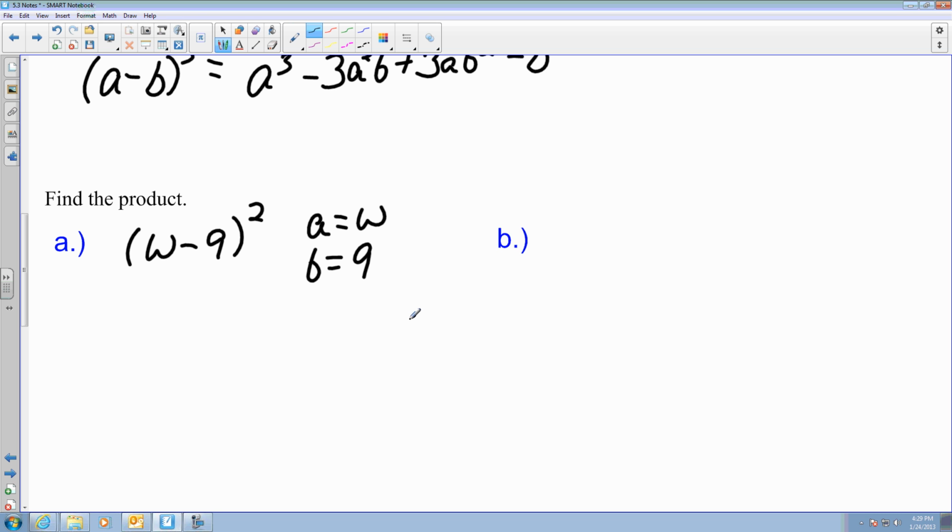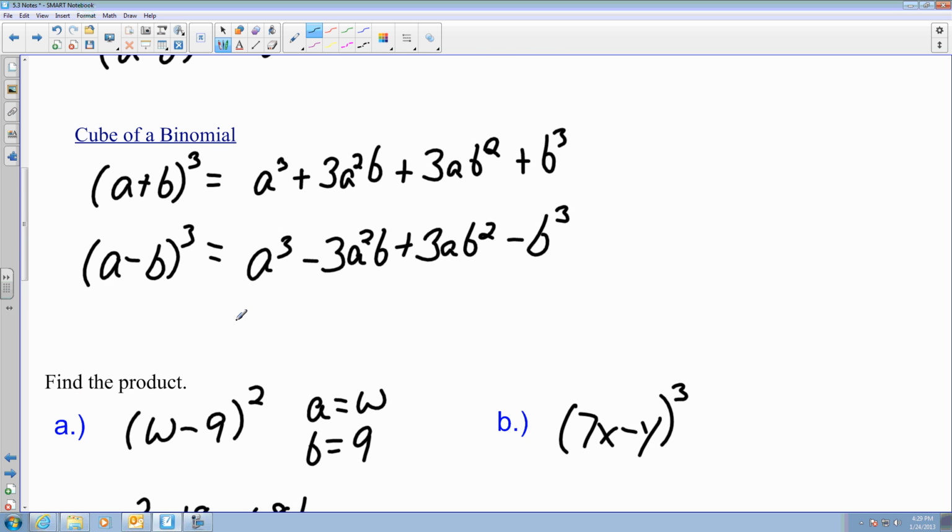So with that being said, I can say that this is w squared minus 18w plus 81.